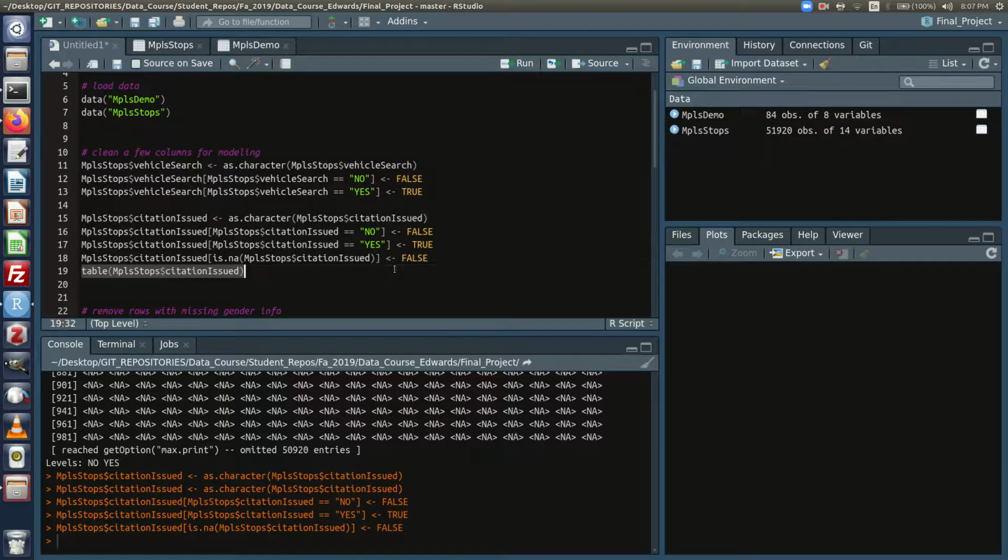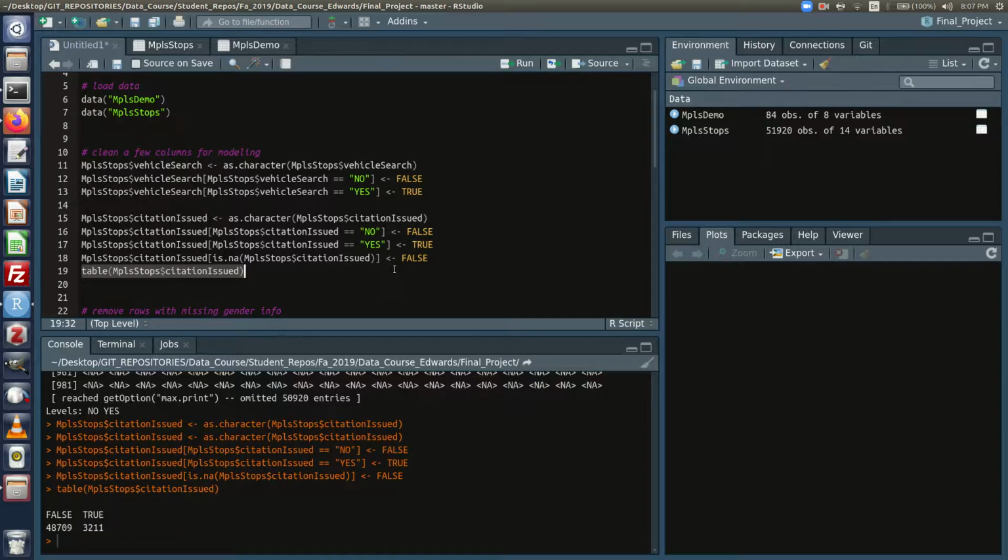So we converted those. I'm going to look at a table of that new column. So we've got some falses and some trues. Almost 49,000 falses, only 3,211 true. So of all the 51,920 people that were stopped in this Minneapolis data set that year, only 3,211 citations were issued.